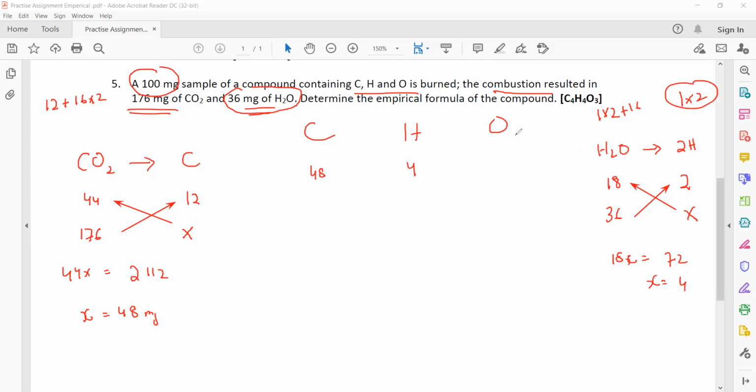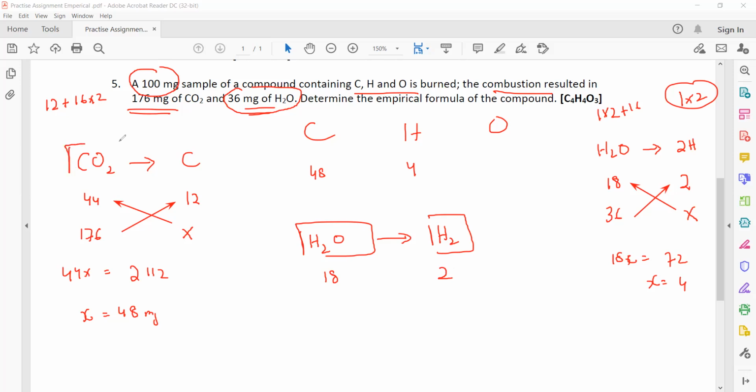From where I got this, as you can see, the formula of water is that one water molecule contains 2 hydrogen. So the total mass of one water molecule is 18. And what is the mass of hydrogen? The mass of one hydrogen atom is 1. Because there are 2 hydrogen atoms, that is why the mass is 2.